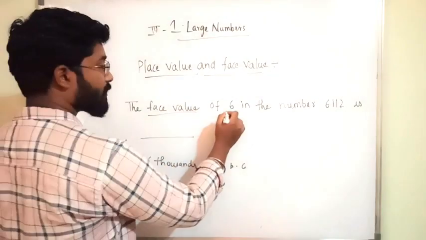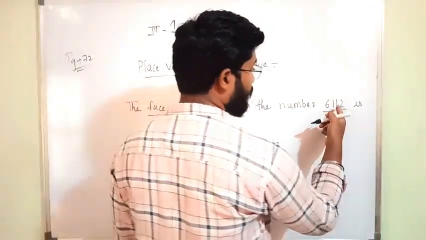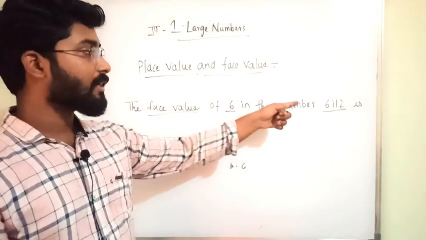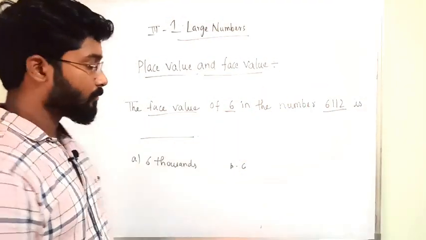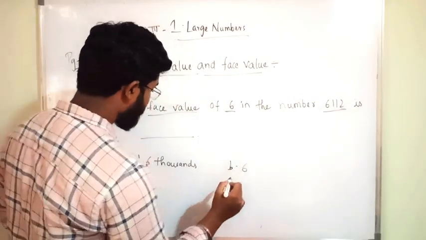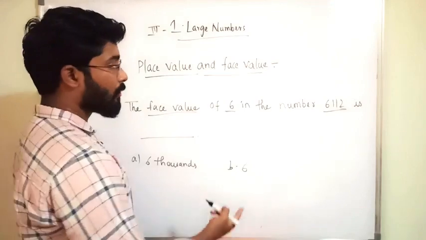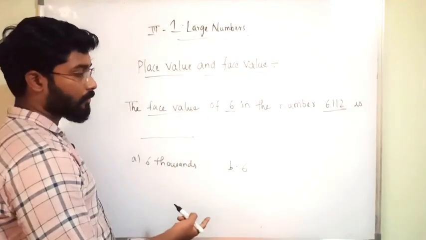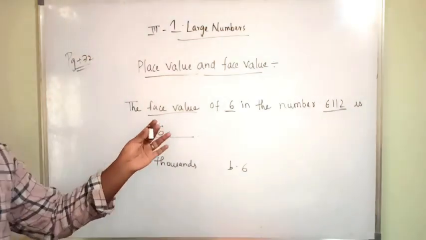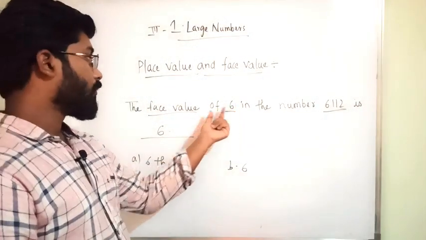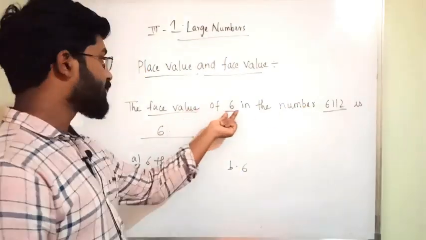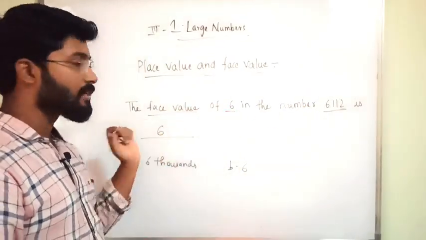Face value of 6 in the number 6112 is whether 6000 or 6? Face value, not place value. He is asking about face value. The answer is 6 only. Face value of 6 is 6 itself.